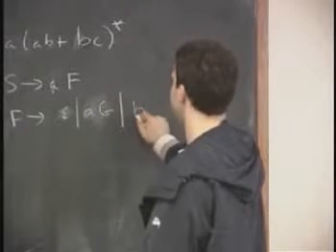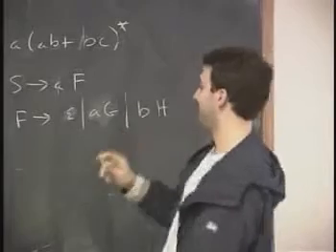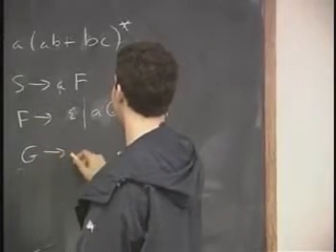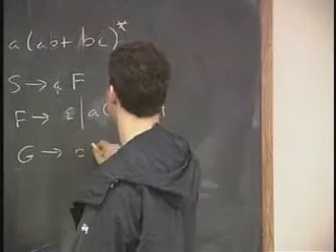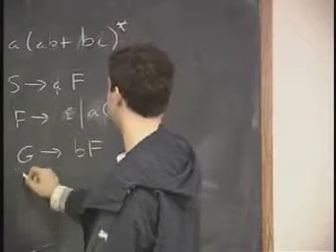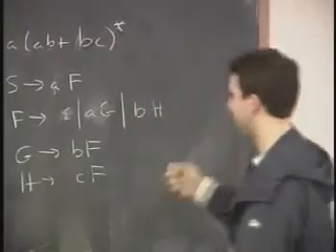AG or BH. I get it now. And now G goes to BF. That's it. Is that right? And H goes to CF. Is that correct? That works.